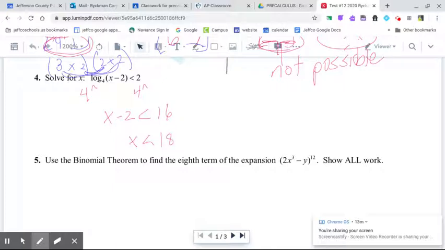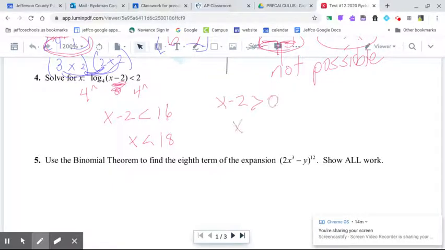Now that said, why is the other part even necessary? Well, x less than 18 would mean you could use negative 100. Well, you can't use negative 100 in there. You can't take the log of a negative. That's like saying 4 to what power is negative 102. Well, that's not possible. So you have to have also this domain component to keep from breaking math.